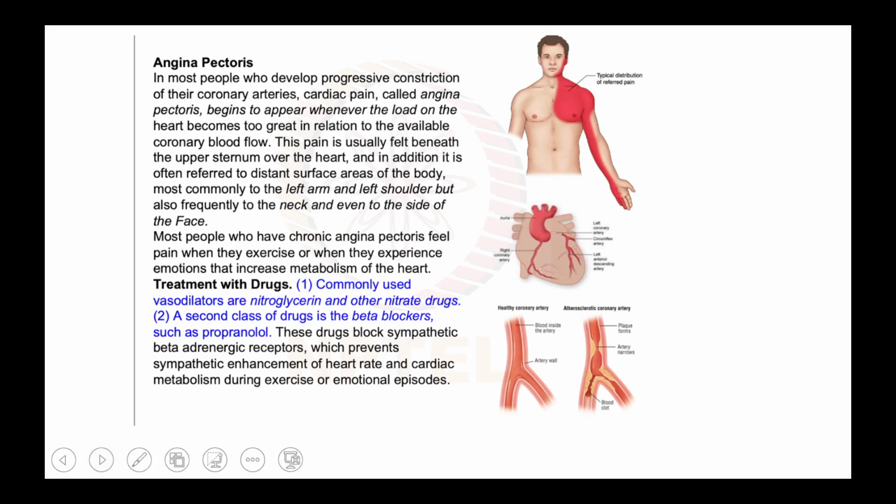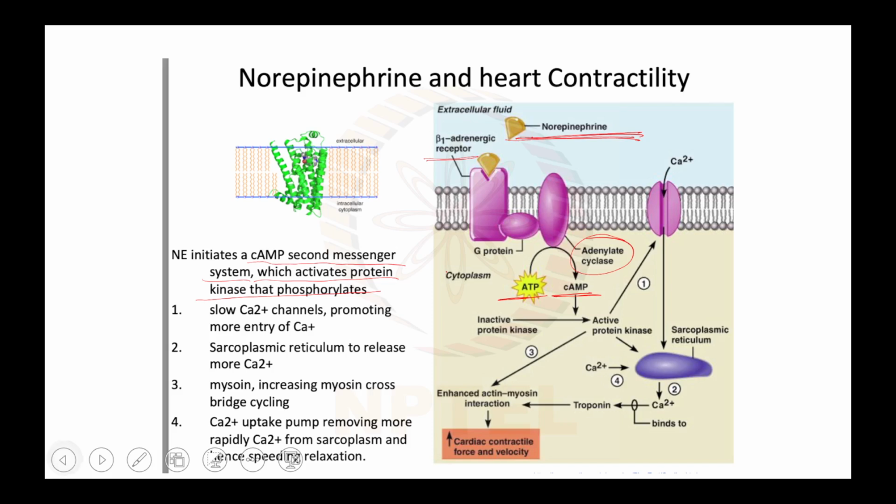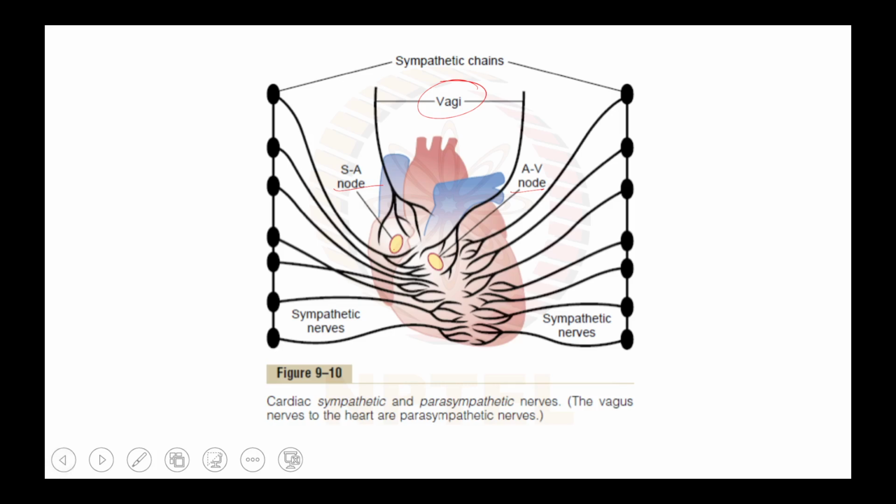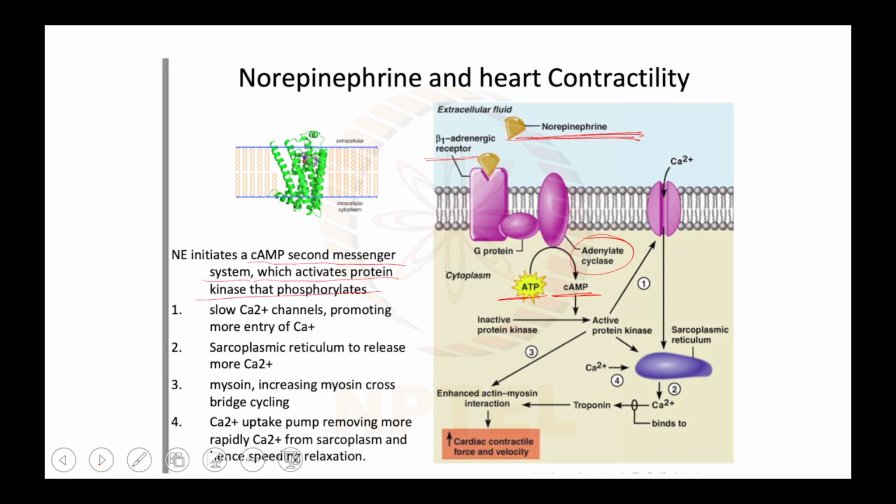One more thing here. As I have talked about this particular G protein coupled receptor, which is activated by the nervous system and causes the release of norepinephrine, which binds at the adrenergic receptor, which increases the contractile force.